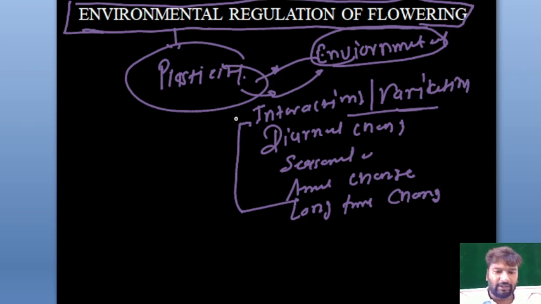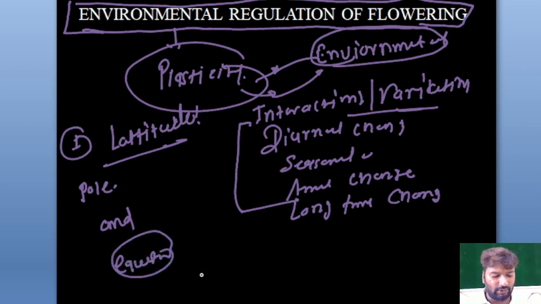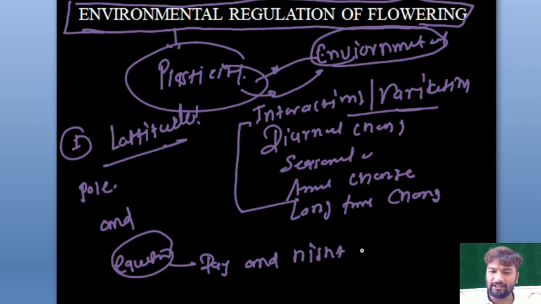So the first factor is latitude. You know that at the pole and equator, at the equator, the day and night length is almost equal.